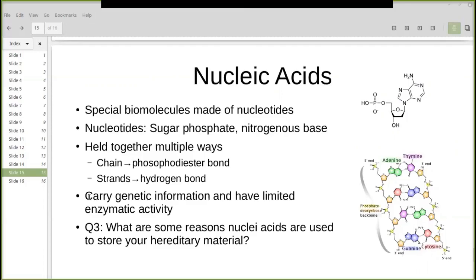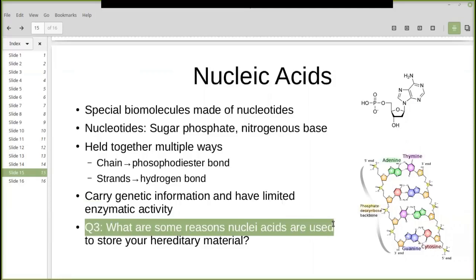It's the molecule which carries your genes, your biological legacy. So it's what's responsible for passing it down. It also has some limited enzymatic activity, but not as much as proteins. So that's a secondary function of it. But the primary reason nucleic acids, in particular DNA, exist is the storage of hereditary material.